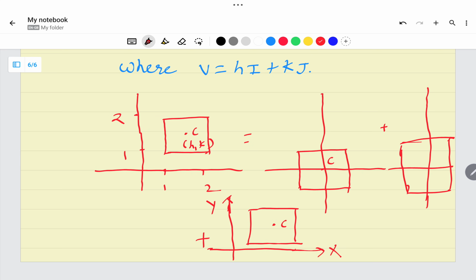So this enlarged object is again shifted to the original position of the center. This way we achieve the scaling with respect to the center.